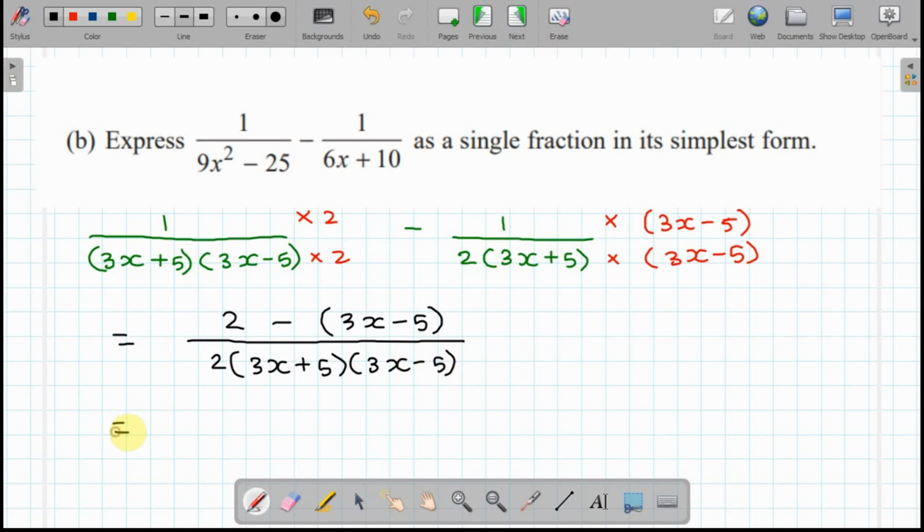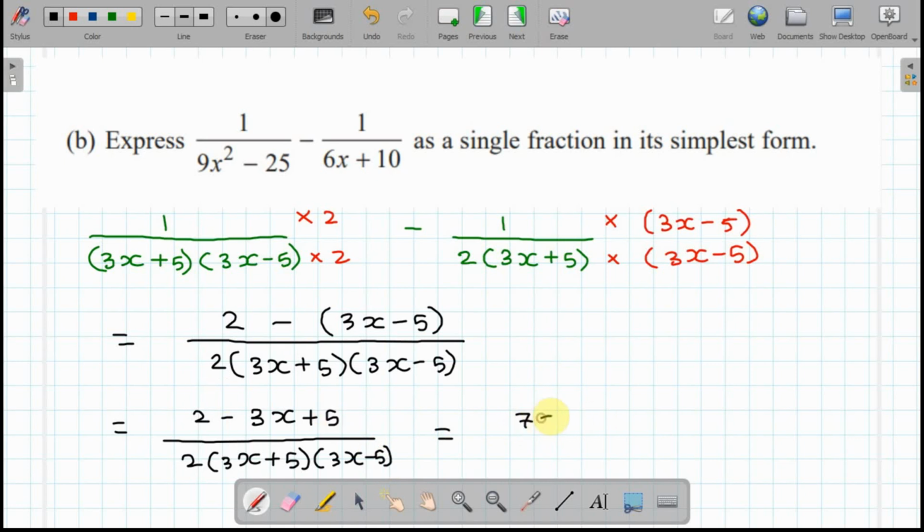And then I need to try and simplify this, so it'll be 2 minus 3x plus 5 over 2 times 3x plus 5 times 3x minus 5, which will be equal to 7, because 2 plus 5 is 7, minus 3x over denominator of 2 brackets 3x plus 5 times 3x minus 5.